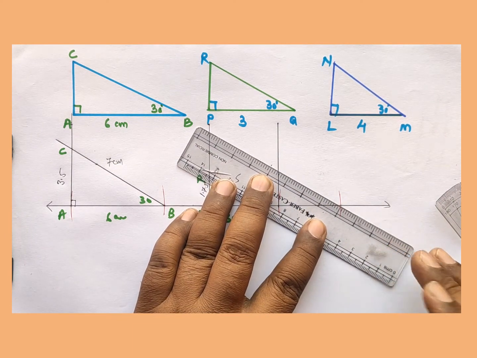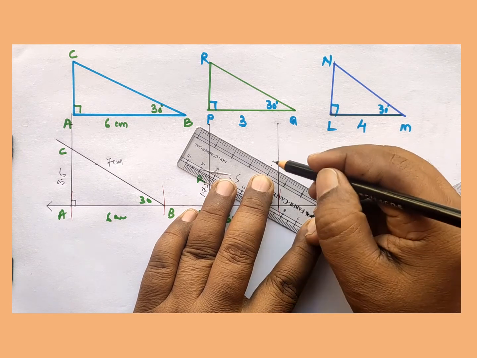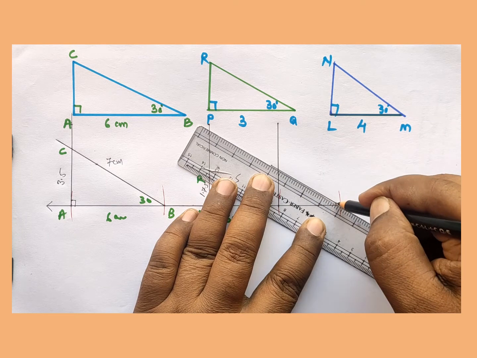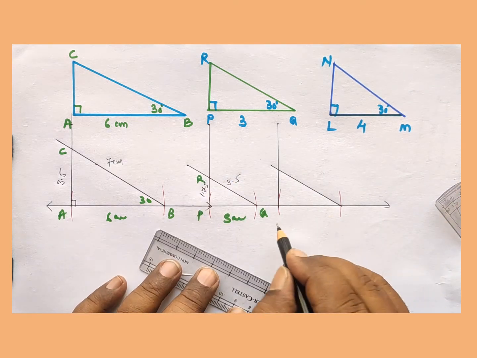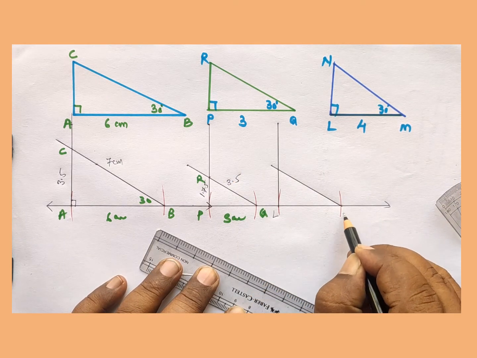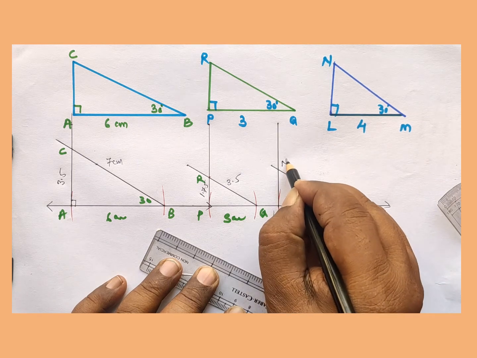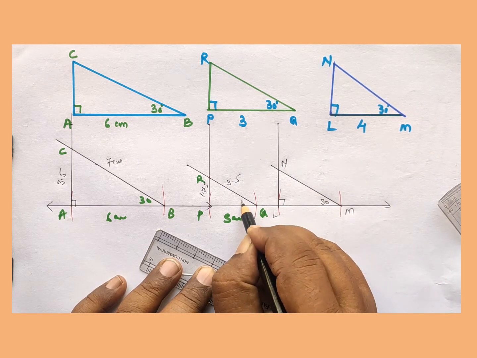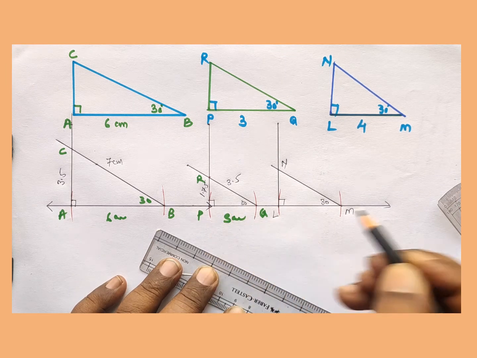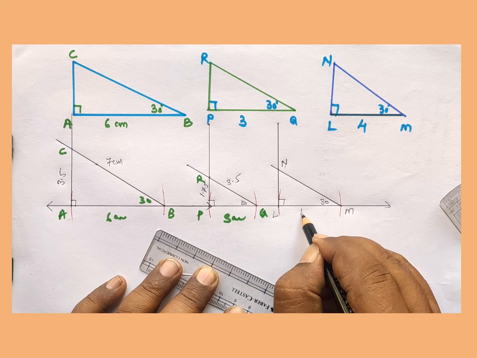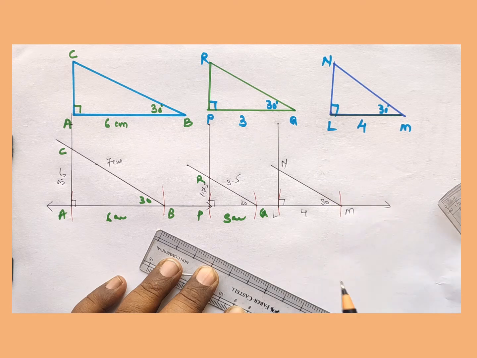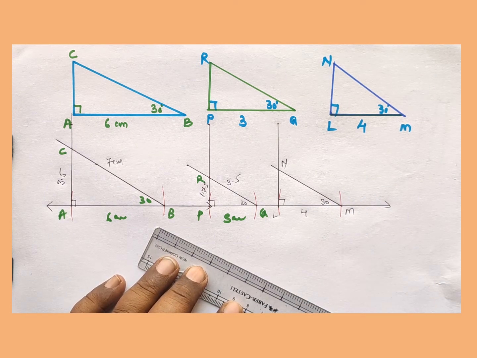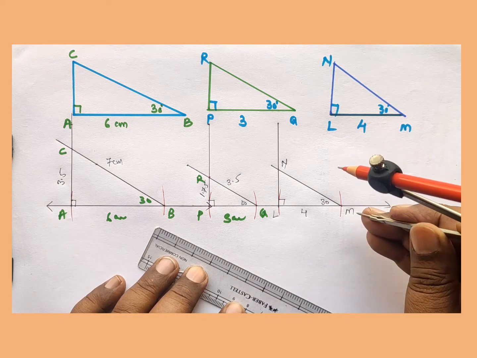See, the points have to be matched perfectly. Got it here. We'll name them L, M, N, right angle, 30 degrees. Here also 30 degrees, right angle. Here we have 4, here 30 degrees. Now we will measure the other lengths of the sides. So let us take LN.